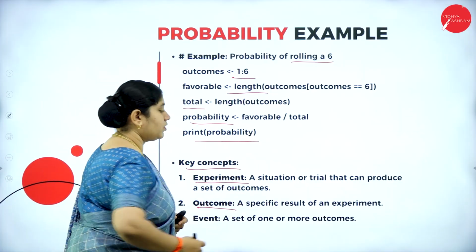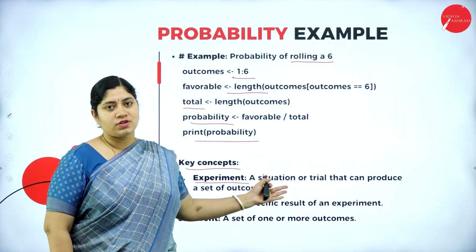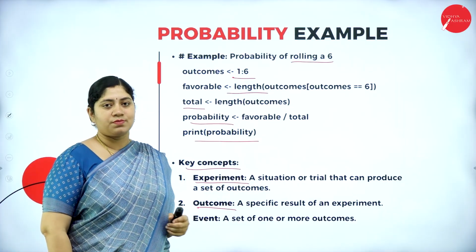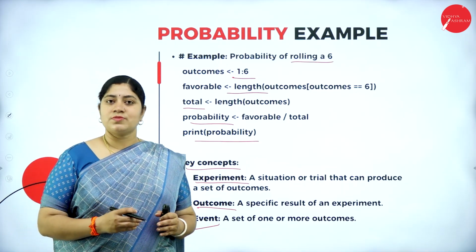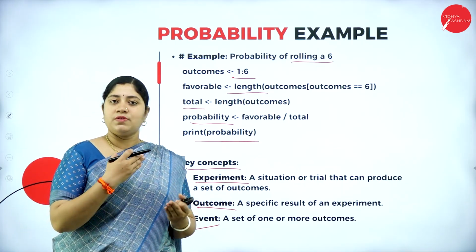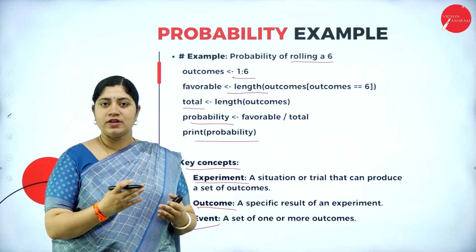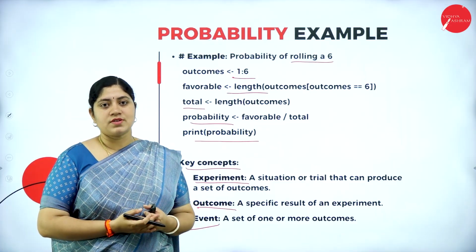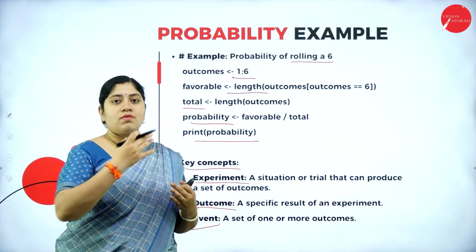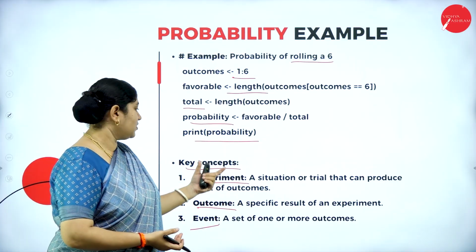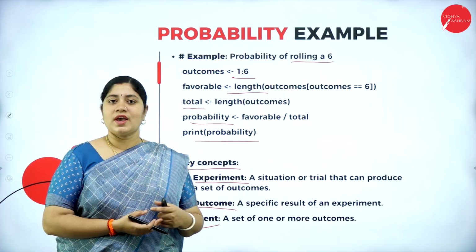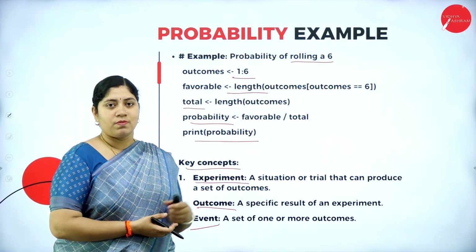Next is the outcome. An outcome is nothing but, as we know, the result of an experiment, followed by an event, that is a set of outcomes. It might be one event according to your requirement, or there will be multiple events. It depends on the requirement or the specification that we define. So these are the different key concepts that we can correlate when we consider probability.